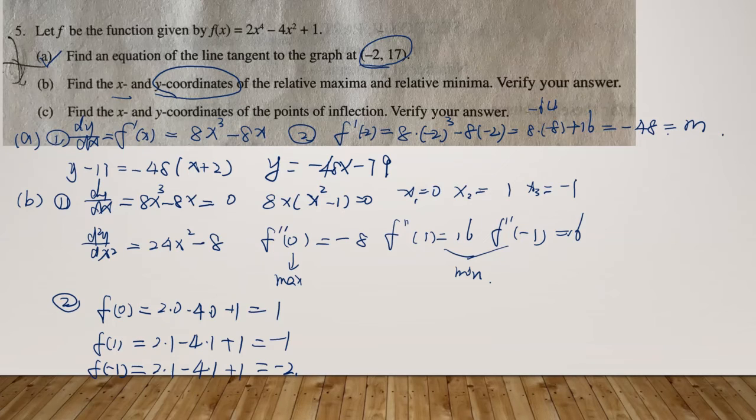So our points are the first one, (0, 1), the second is (1, -1), and the third is (-1, -1). The first one is a local maximum, or relative maximum. The last two are local minimums. This is the answer of question B.